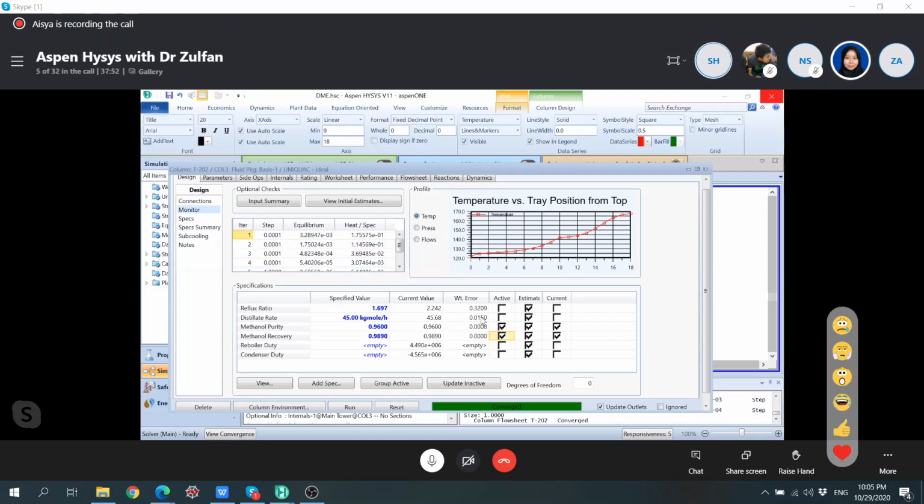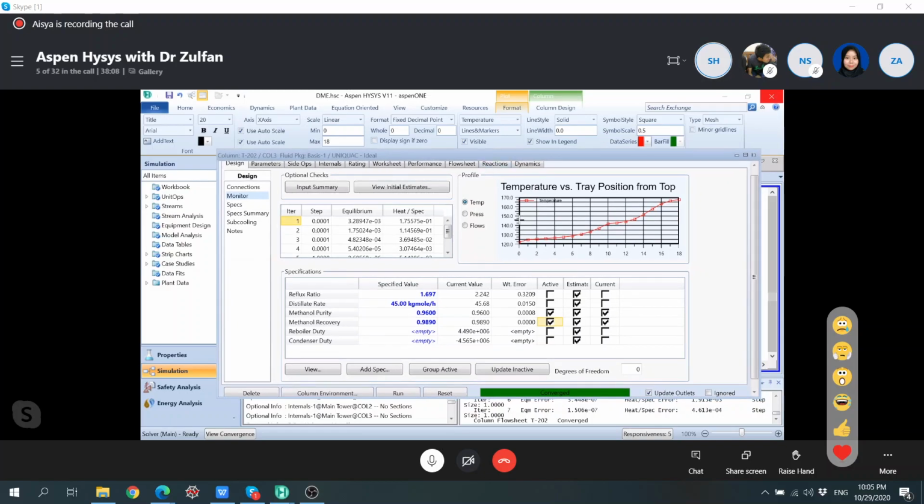Right, 2.2. The best way, because we cannot do a case study, is to make it more manual in the spreadsheet. So you make a table of number of stages, reflux ratio, and reboiler duty.